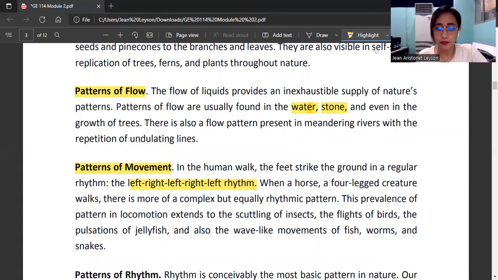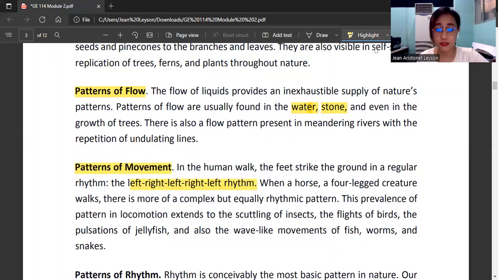So in all living beings, there are certain patterns in how we walk, in how we do our different bodily movements. For example, in walking, there's the left-right or right-left pattern. Also, our hands move in conjunction with how we walk.